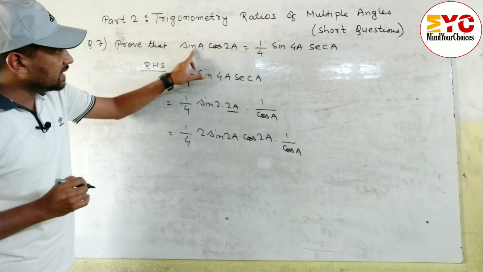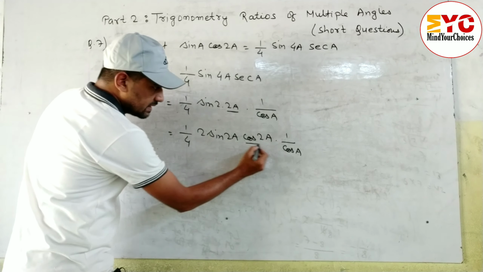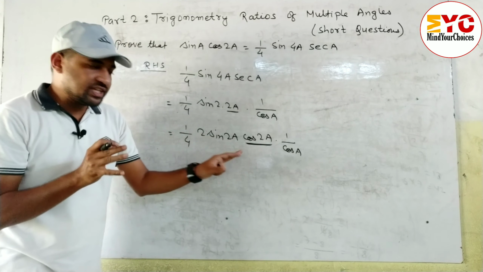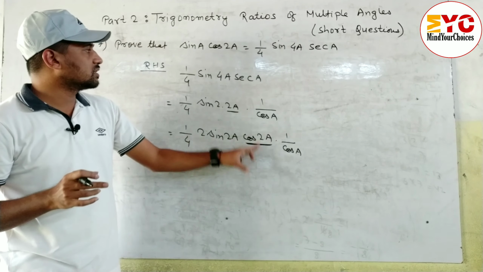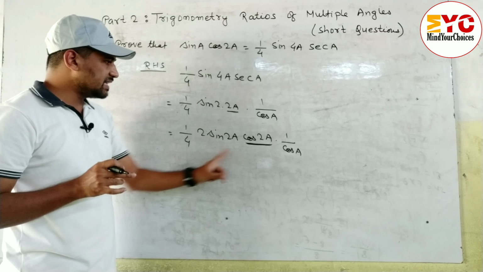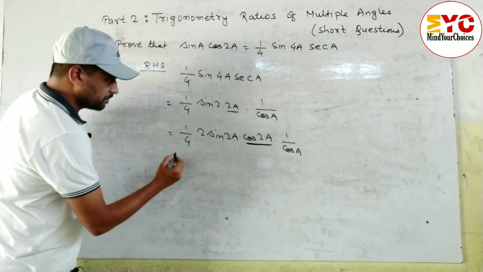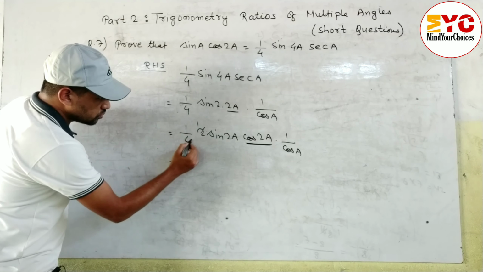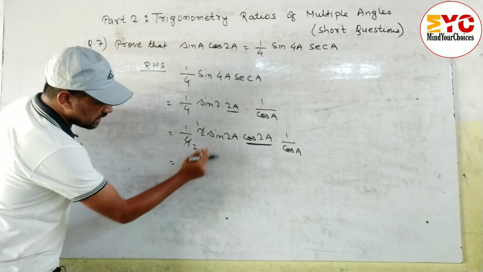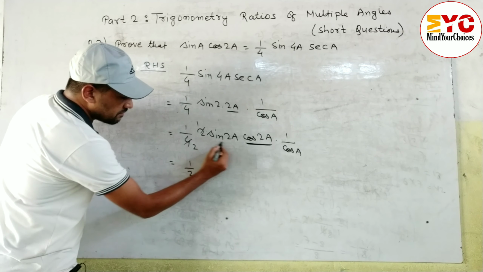Here we need sin A and cos 2A. Cos 2A is already here, so no need to change it. While solving this we need sin A. 2 ones are 2, 2 twos are 4, so 1 by 2.